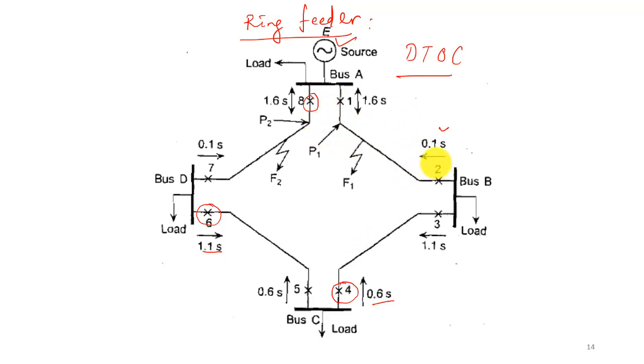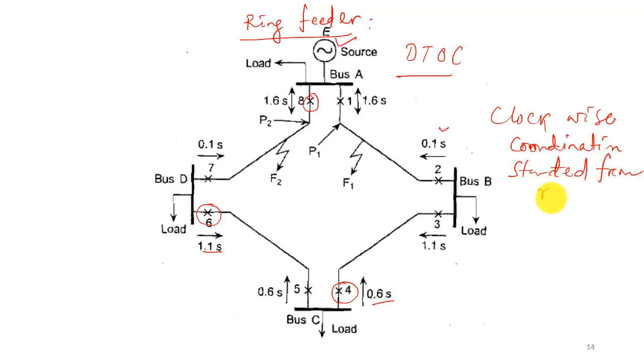Okay, so from point 1 we start, right? Both ways from here, point 1 is taken as 0.1 second, then 0.6 second, then 1.1 second. So the clockwise coordination started from relay 2, okay, that is 2.